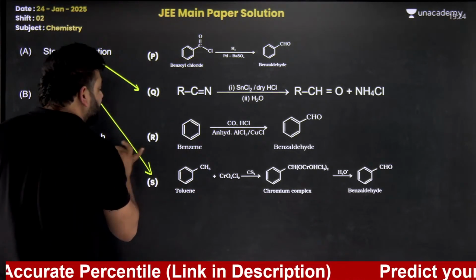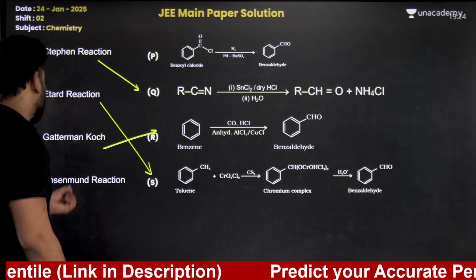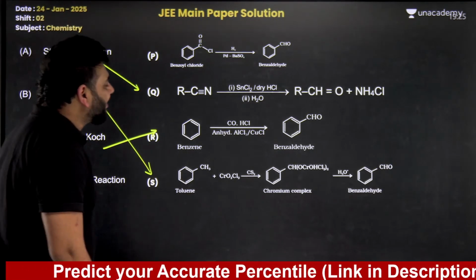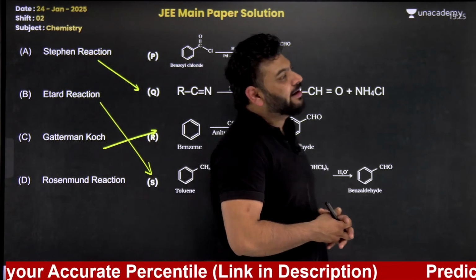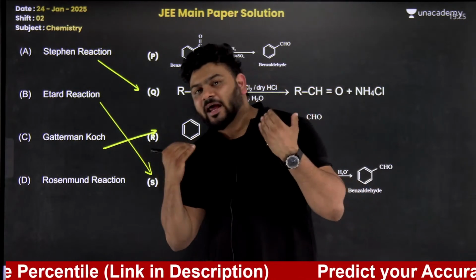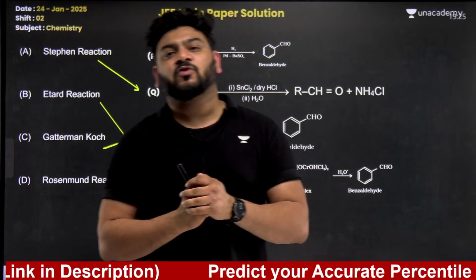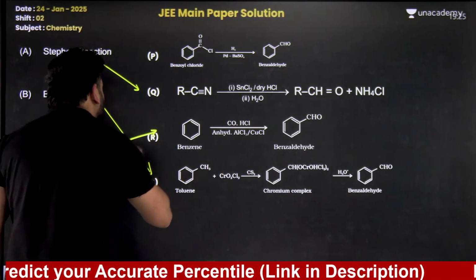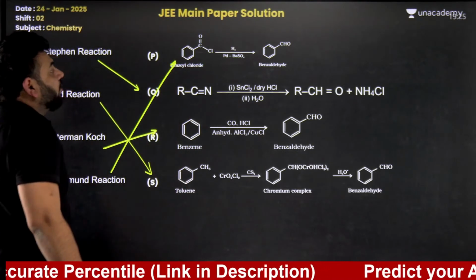So that is the Gattermann-Koch reaction, and then the Rosenmund reaction is a very popular and well known reaction where we convert acyl halide, or we should say acid halide, using Pd-BaSO4 and hydrogen as a reducing agent. Selective reduction is done to convert this compound into benzaldehyde.